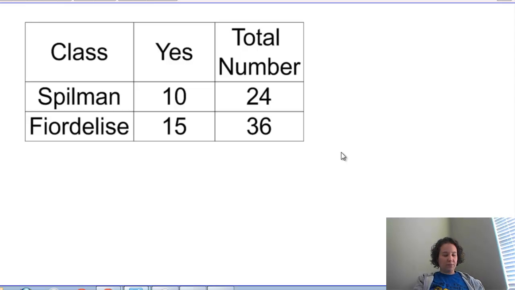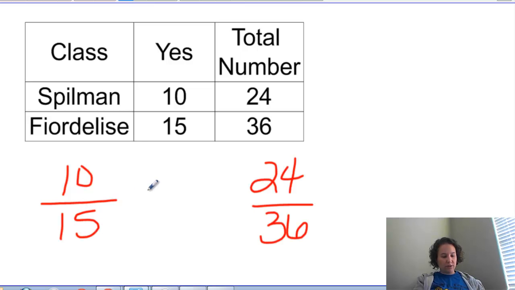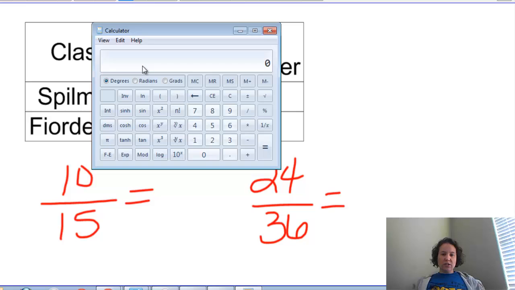So the first way would be to change these both to decimals. If I write both of these in fraction form, I'm going to divide the top number, the numerator, by the bottom number, the denominator, and see if they are the same. For the first ratio, we have 10 out of 15.